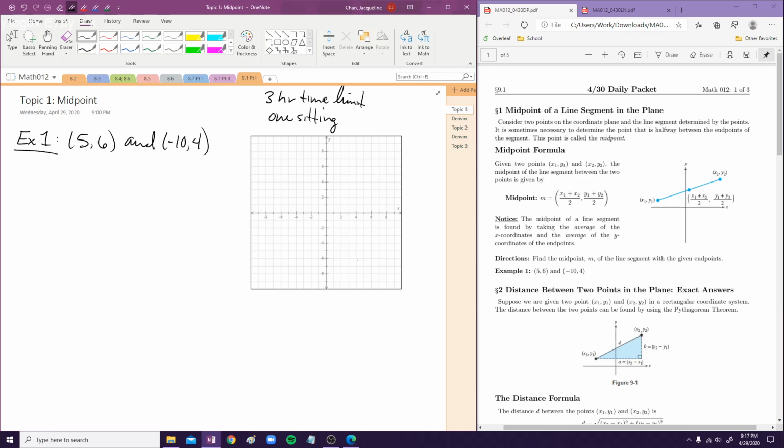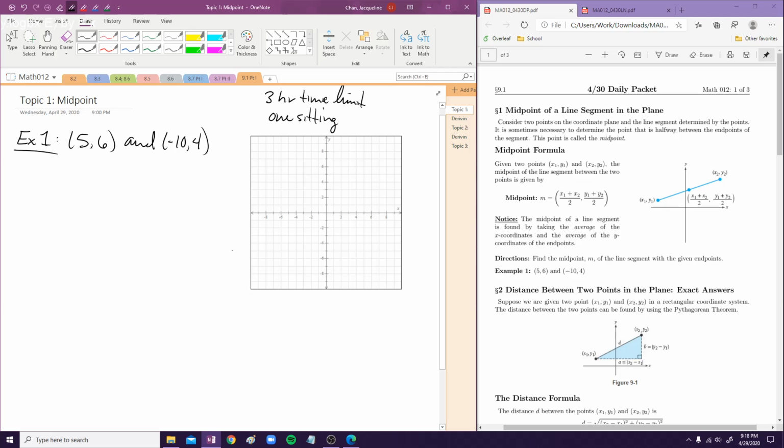So for the midpoint, your final answer should be a point, right? Because it says midpoint. That keyword point should tell you that you should end up with a point.